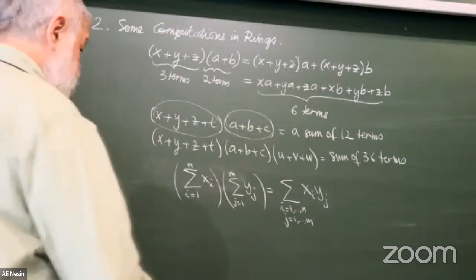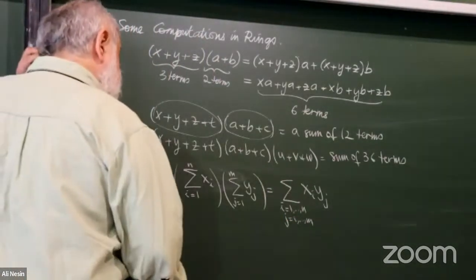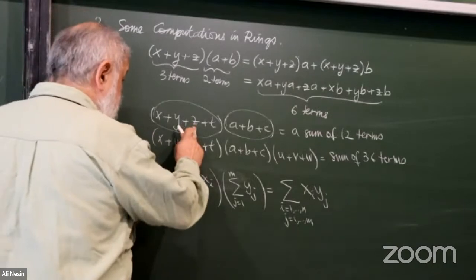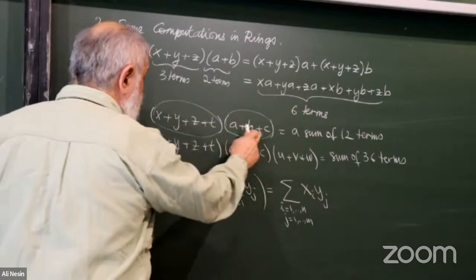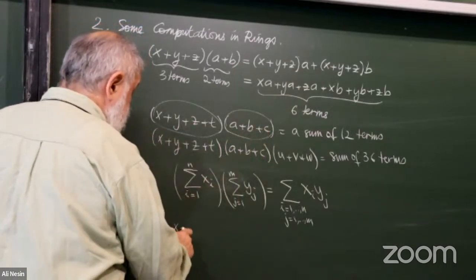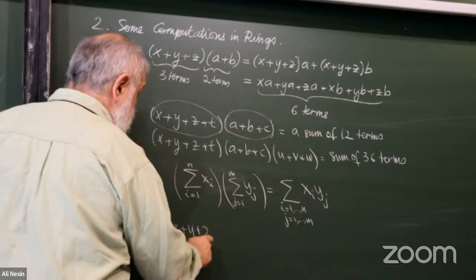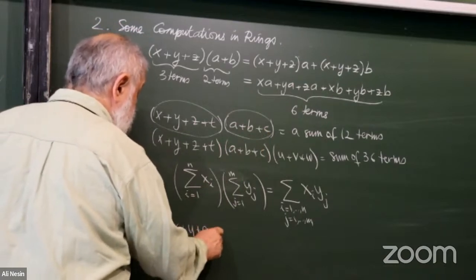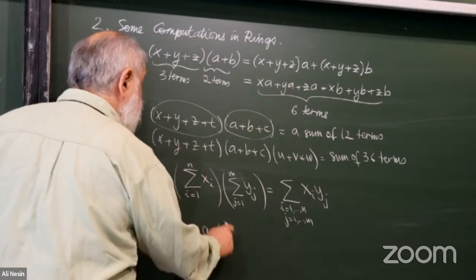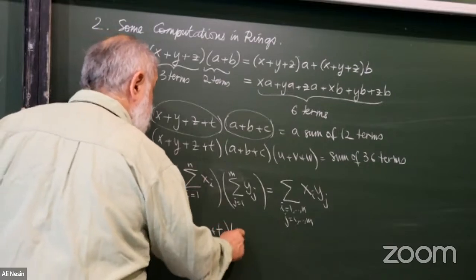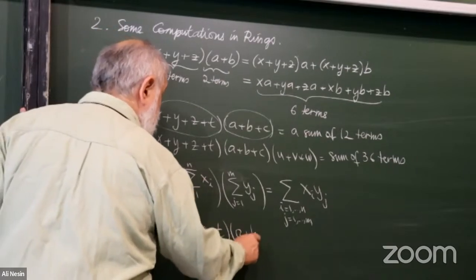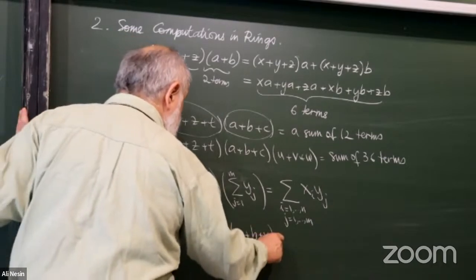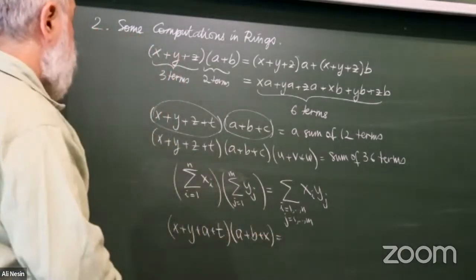Now suppose that here this is equal to a, and this is equal to x, for example. x plus y plus z plus t times a plus b plus x. Now again we'll have 12 terms.